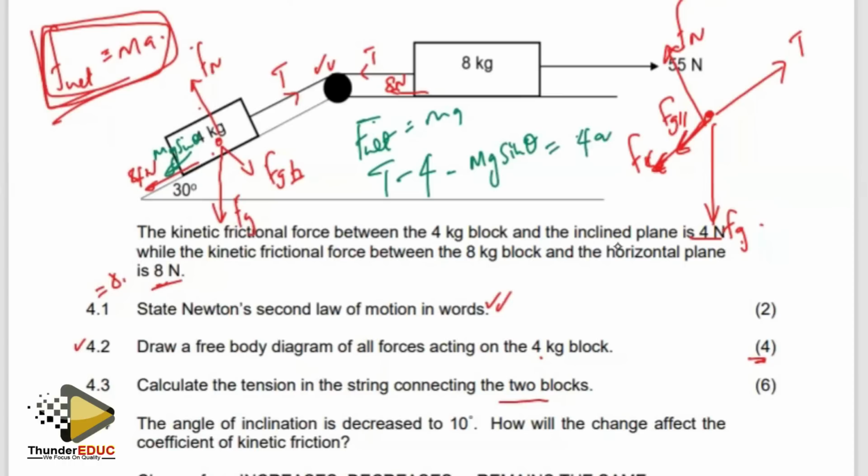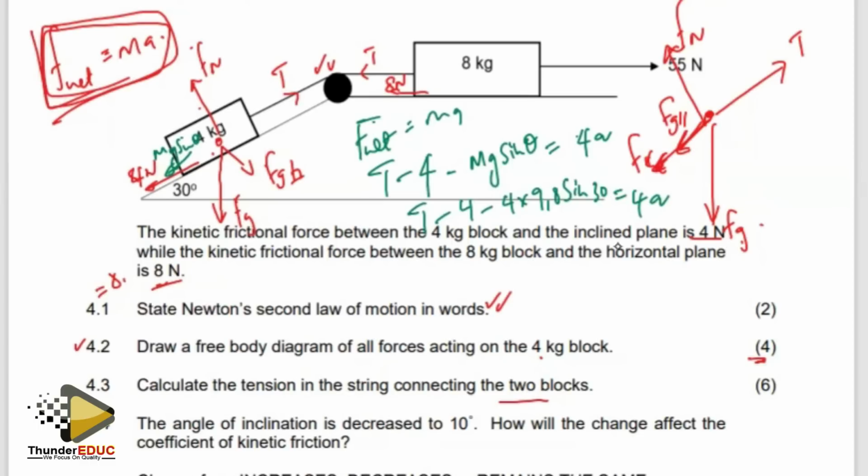4a. So simplifying that, T minus 4 times 9,8 sine of 30 is equal to 4a. We need to make T the subject again. Okay.